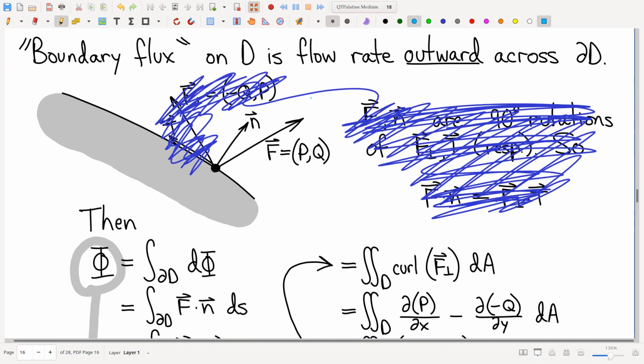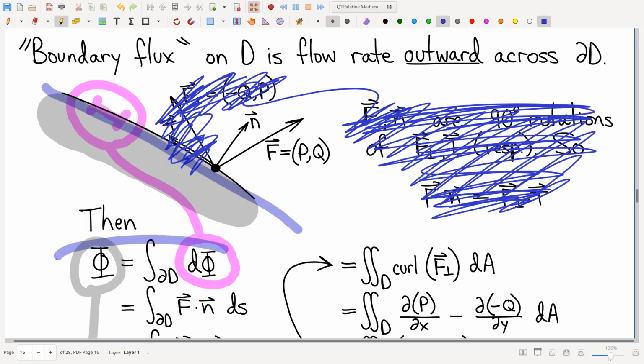That's not what I have here, but if I break up my curve into a bunch of little itty-bitty pieces, on any individual little piece I can talk about how much flux is happening on that one piece. And then I can add up over the whole.